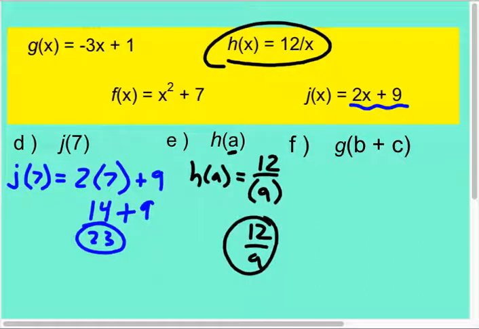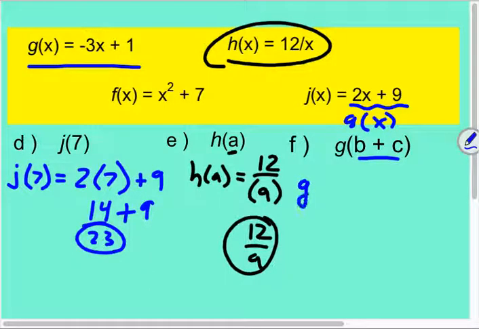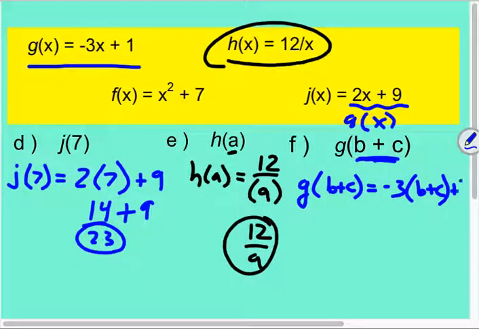Okay, g of b plus c. So wherever I see x in the g of x function, I'm going to plug b plus c. Where's g of x? Right here at the beginning. So if I was going to write it, I'd write g of b plus c equals, plugging this in for x now, negative 3 times b plus c plus 1.